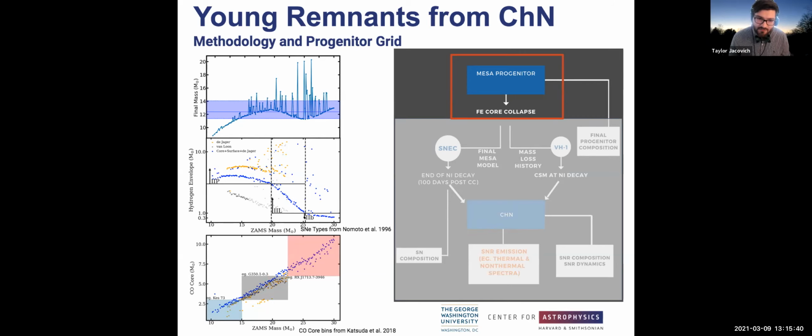I think the bigger issue would be making sure that our model accurately reflects the progenitor of 87A, which, because the Magellanic Cloud has a lower metallicity, we will have to make some allowances for, and potentially run a lower metallicity grid. I thought the progenitor of 87A was fairly well established.